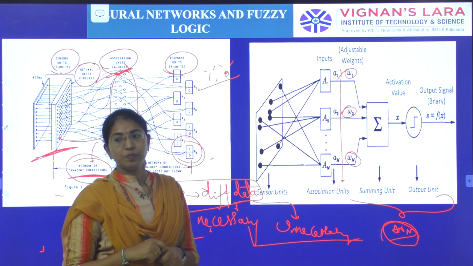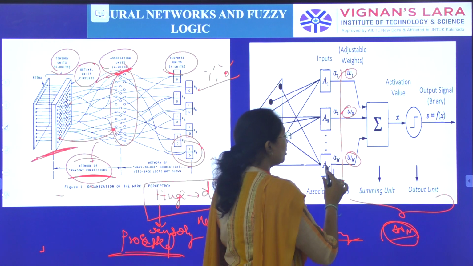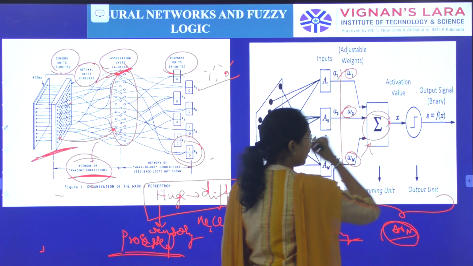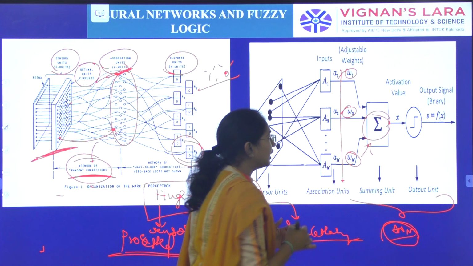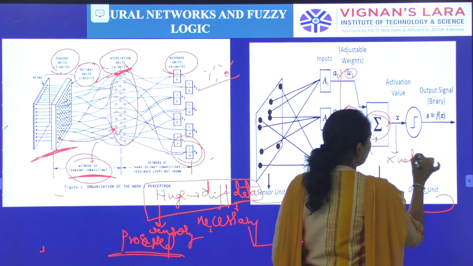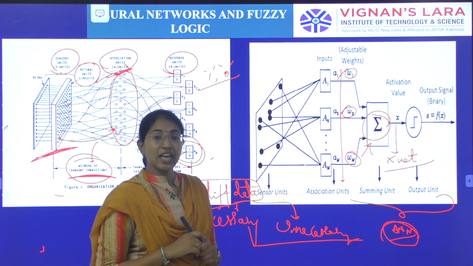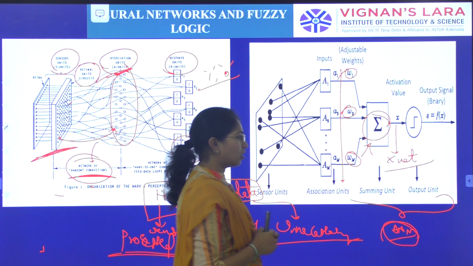The input with the synaptic weight will be summed up at the summation block, and it will generate a net value at the output of the summation block.